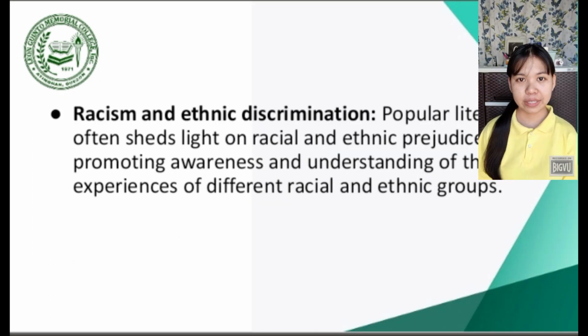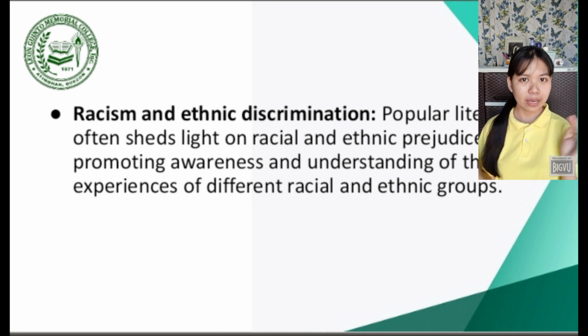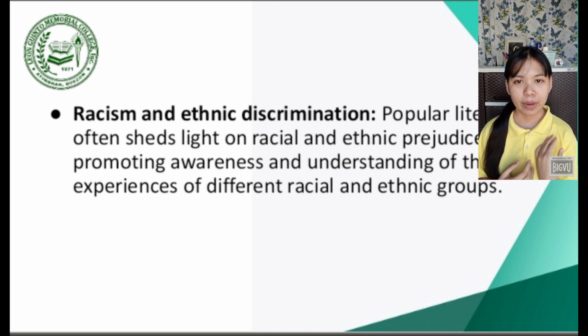Next social issue is racism and ethnic discrimination. Popular literature often sheds light on racial and ethnic prejudice, promoting awareness and understanding of the experiences of different racial and ethnic groups. Here, popular literature explores the unfair treatment and prejudice.